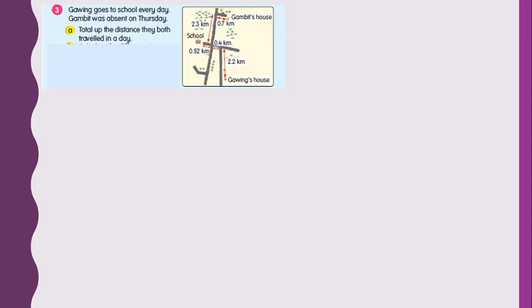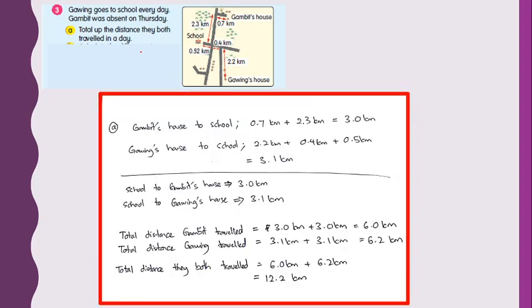Okay, number 3A. Alright, the question is simple. Total up the distance they both travel in a day. But if you do not understand this question carefully, you will get the wrong answer. Okay, let's look at the solution. Total up the distance they both travel in a day, from their house to school.